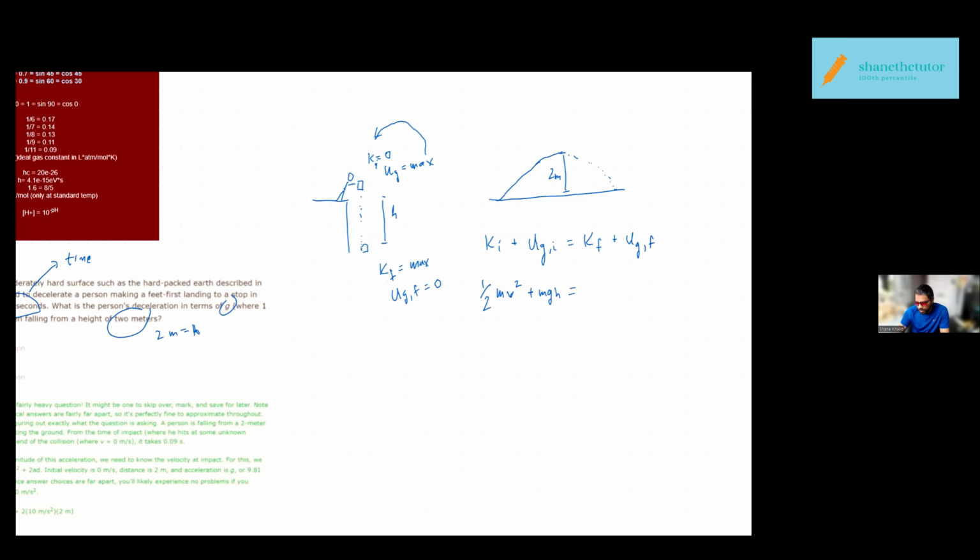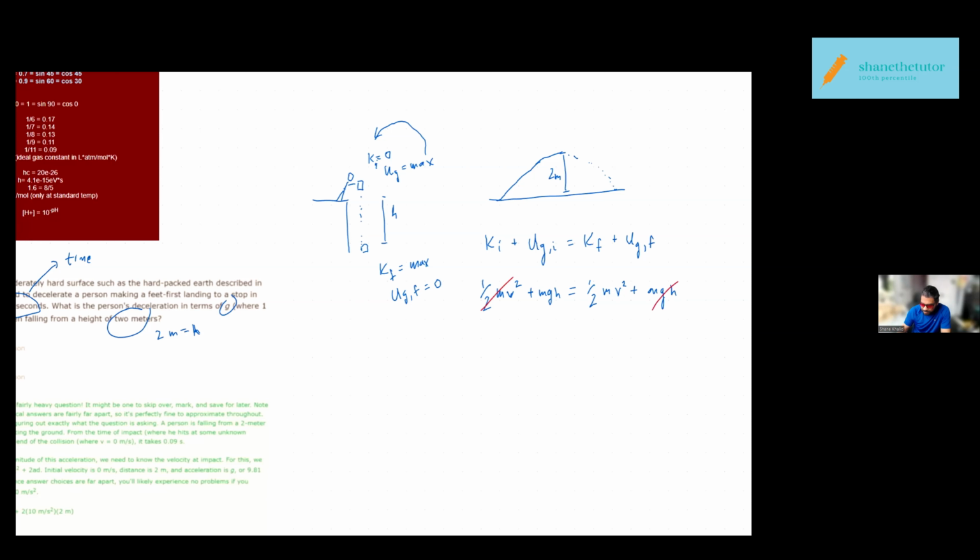So we would get 1/2 mv squared plus mgh on the other side. Now, since we know that initial kinetic energy is 0, we can get rid of that term. And since we know that final potential energy is 0, we can get rid of that term.